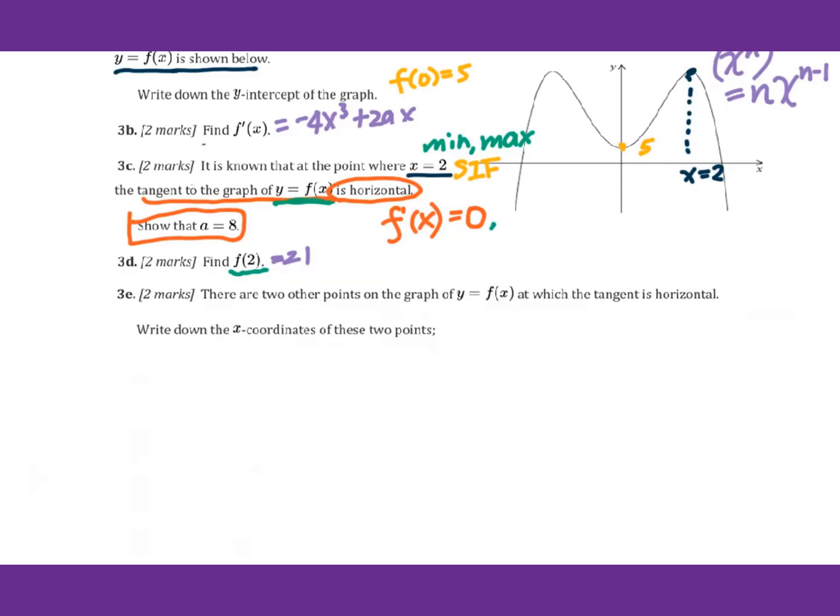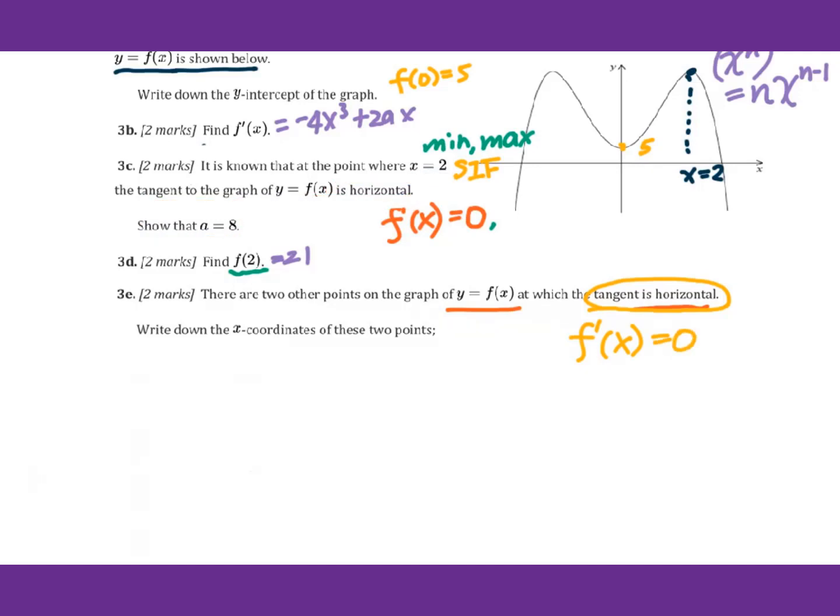3e. There are two other points on the graph y equals f of x at which the tangent is horizontal. Write down the x coordinates of these 2 points. When the tangent is horizontal, you set the derivative of f of x equal to 0.